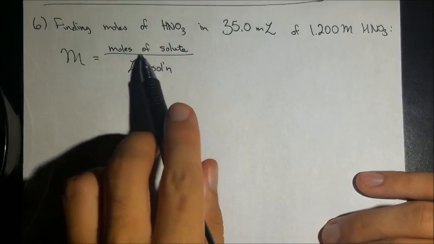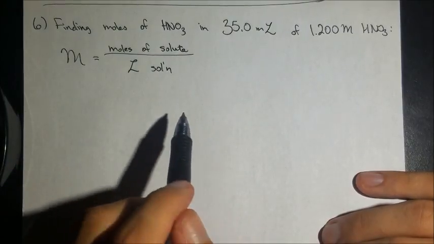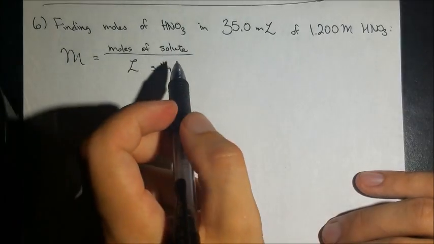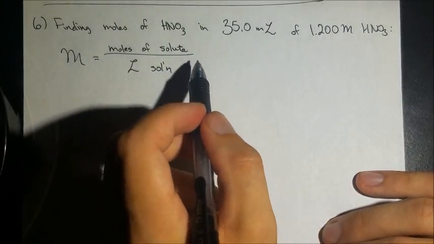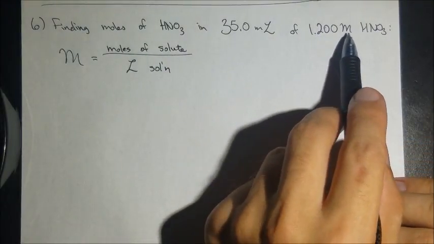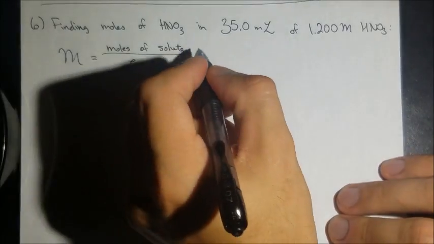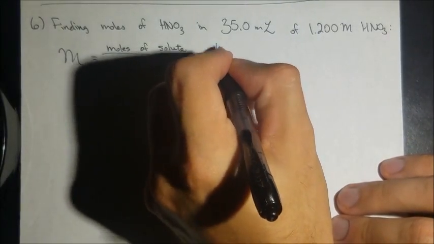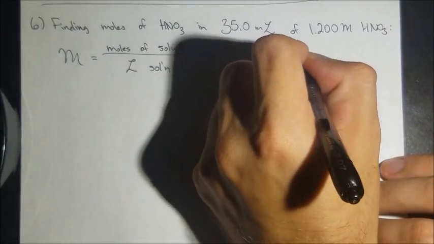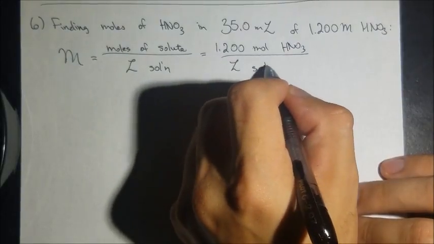So anytime you see the big M like that, that's going to be molar, and molarity is defined as the moles of your solute divided by the liter, or the volume of the solution. If I were to relate this to this problem, here I have a solution of 1.2 molar nitric acid. So what I'm stating with that is I have 1.2 moles of nitric acid per liter of solution.